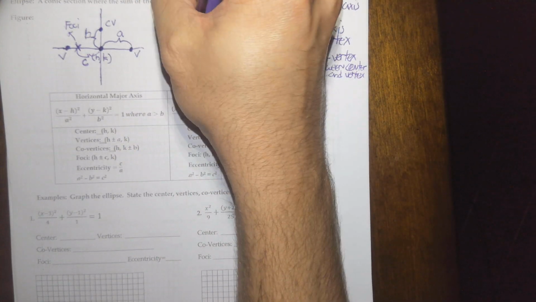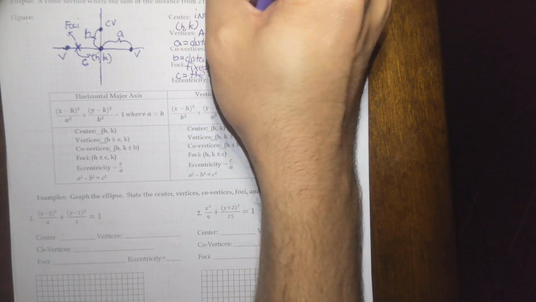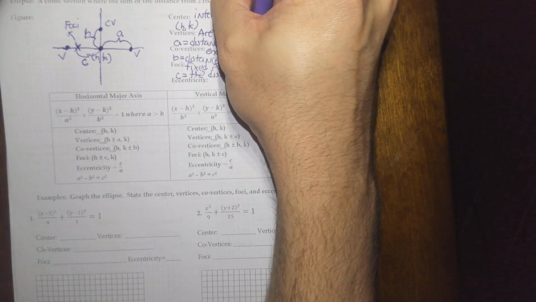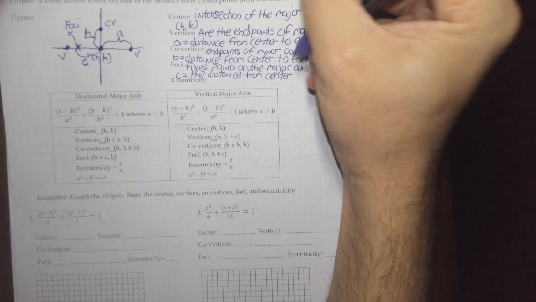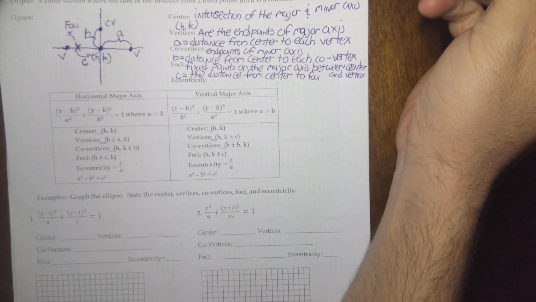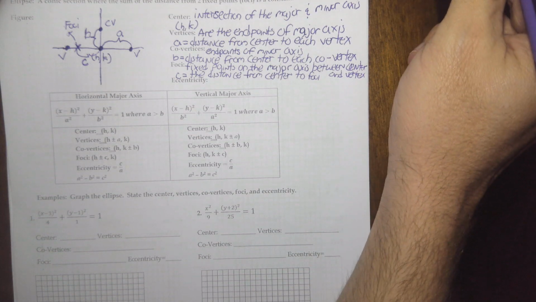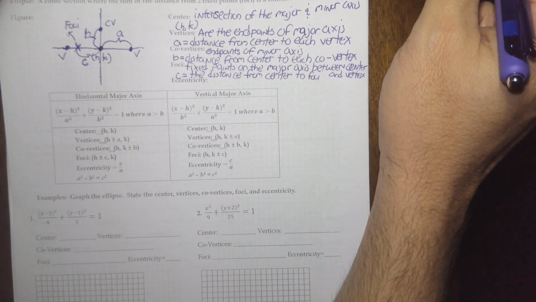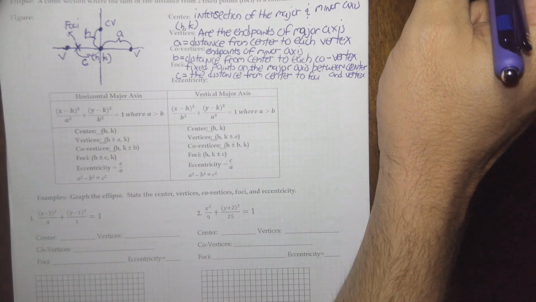C equals the distance from center to foci. Okay. C is equal to the distance from center to foci.